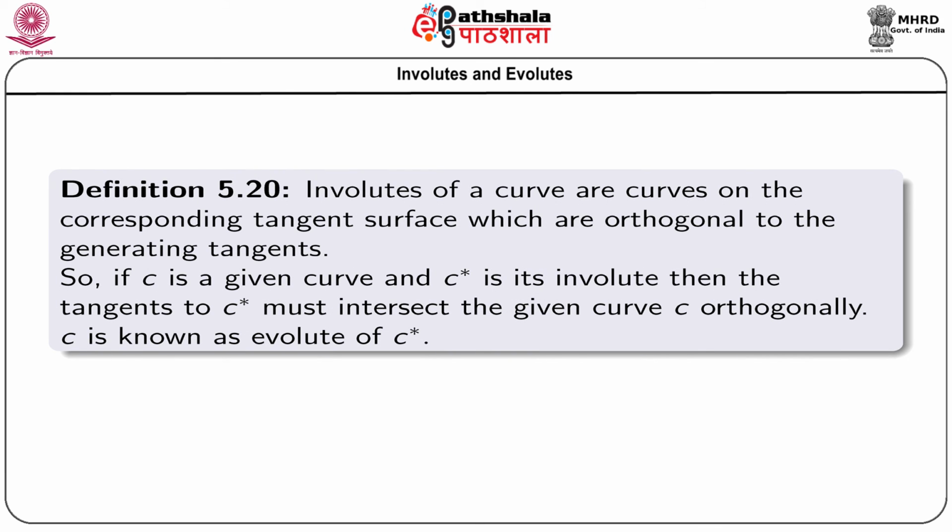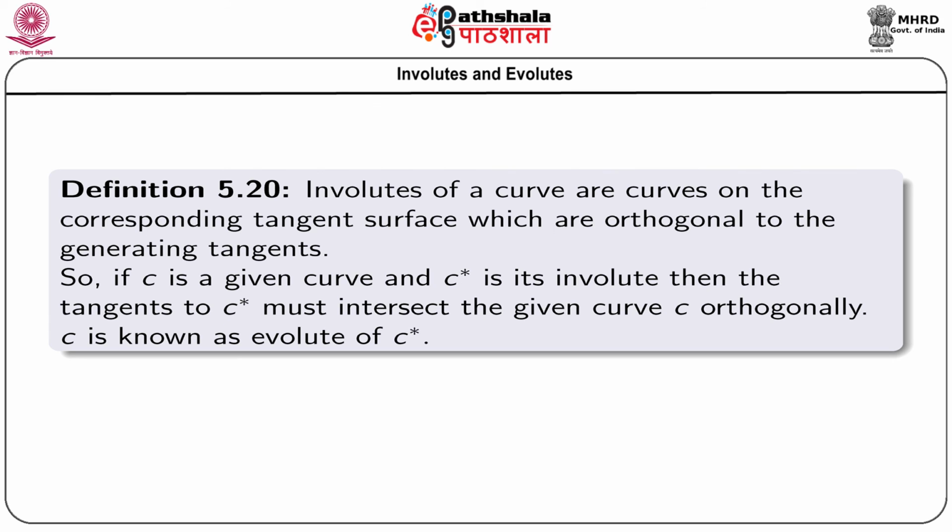Now, we just give the concept of involutes and evolutes. Involutes of a curve are curves on the corresponding tangent surface which are orthogonal to the generating tangents. That means, the curves on the tangent surface are orthogonal to the curve, then the curve is called involute.